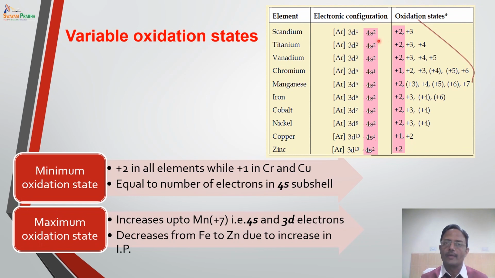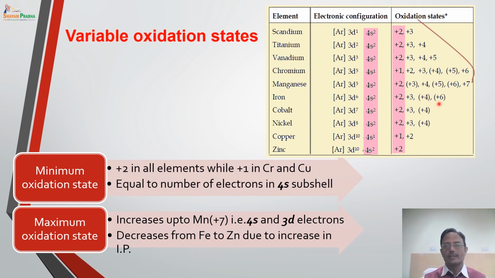So total number of electrons in 4s plus 3d is equal to 3. Similarly, titanium has 4 electrons over here. Vanadium has 5 electrons. Chromium has 6 electrons. Manganese has 7 electrons. But iron is having 8 electrons and showing only up to +6 oxidation state.